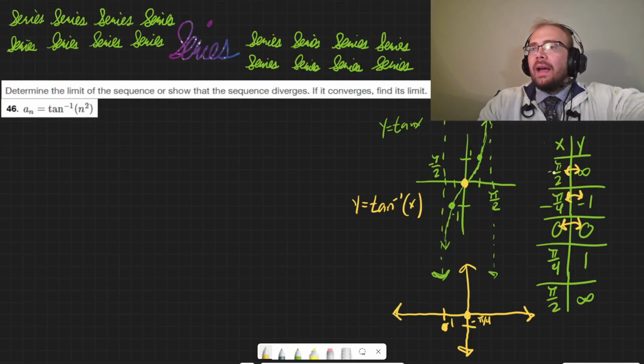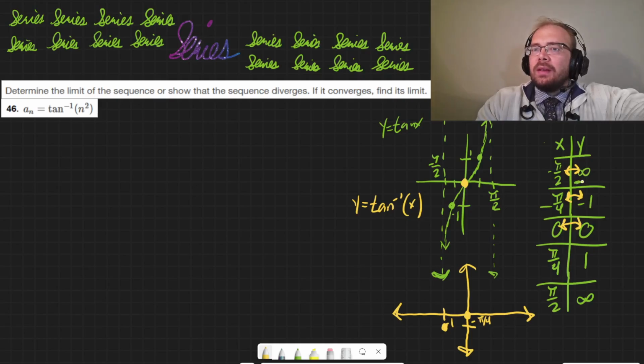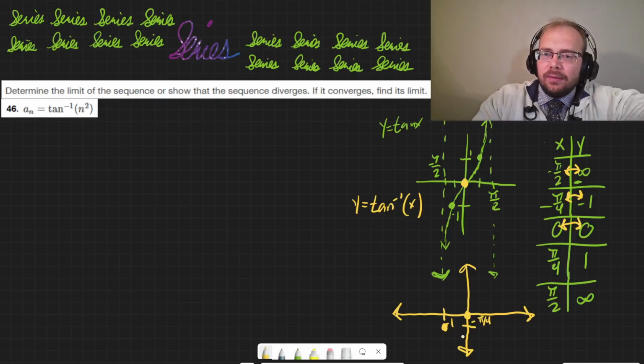So the x value would be negative infinity, because that's going down. Forgot to put a negative on that. So the x value would be negative infinity, meaning all the way to the left, if the y value is negative pi halves. So at the y value of negative pi halves, we'd have a horizontal asymptote.